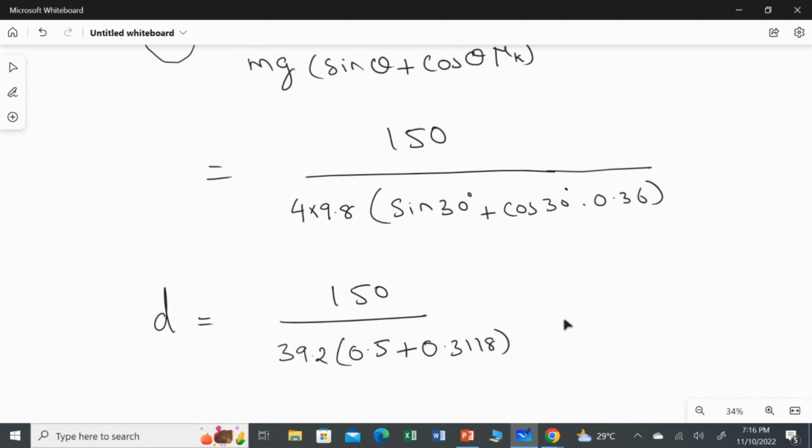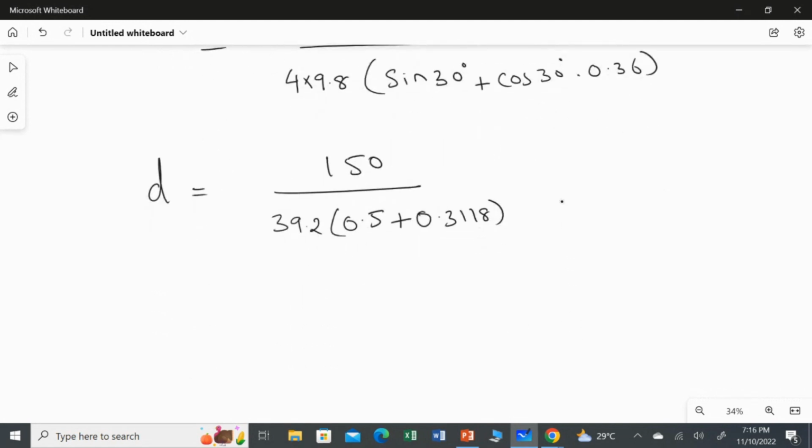So now I have to divide this value. 150 divided by 39.2 multiplied by 0.5 plus 0.3118, got the answer as 0.8118.